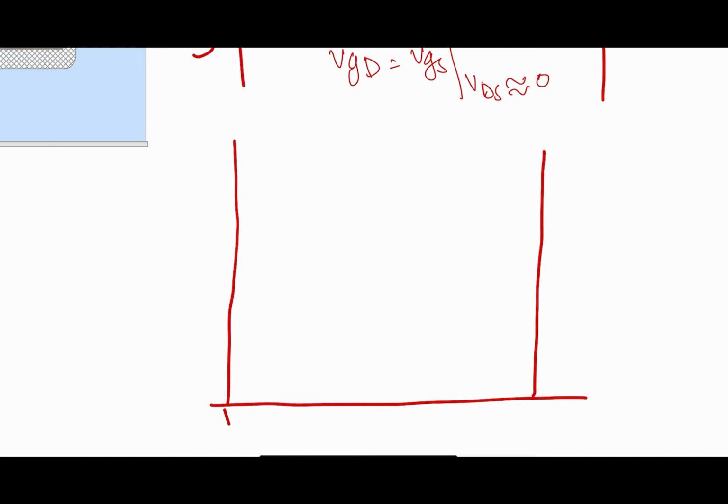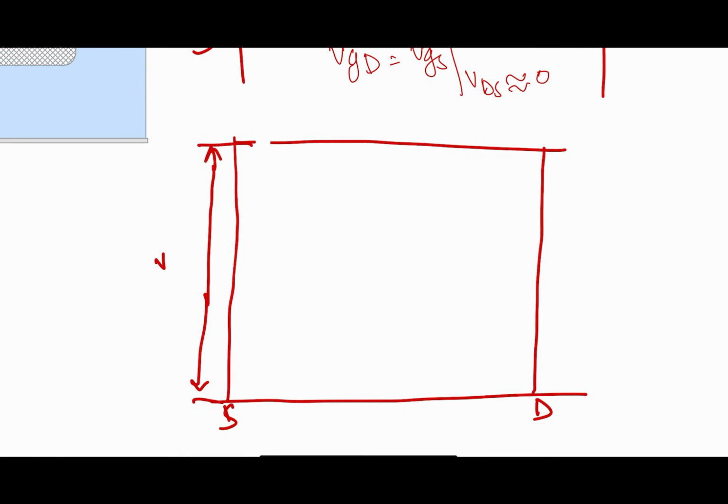Now let's see, this is the source, this is the drain, this is the gate. This will be the same as last time, VGS, and this will be VT, the threshold voltage, and this will be the V overdrive voltage. Now let's change the color and see.